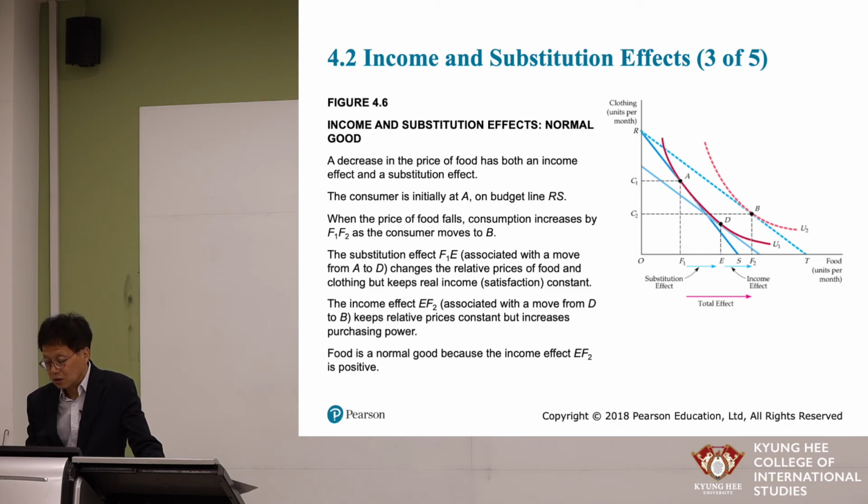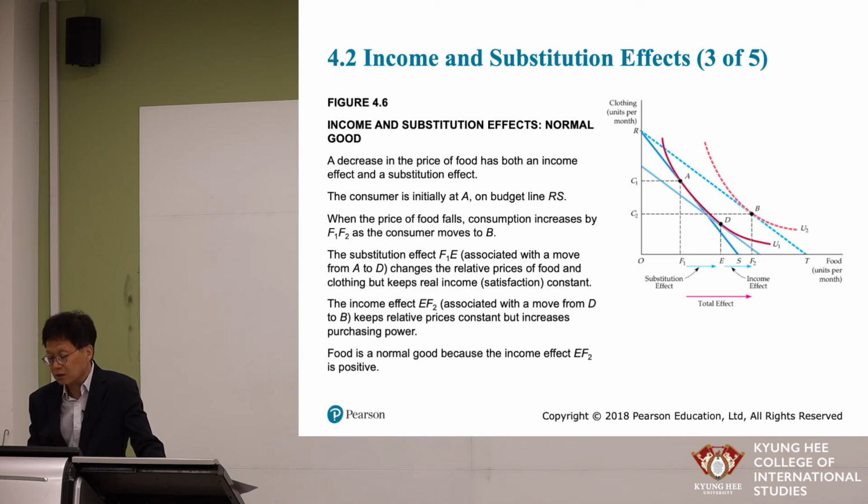Okay? So relative price is the slope of the budget constraint. The slope of the budget constraint decreases from here to here. Right? And the utility level is constant at U1. Then you can draw a new budget constraint tangent to the original utility curve U1.